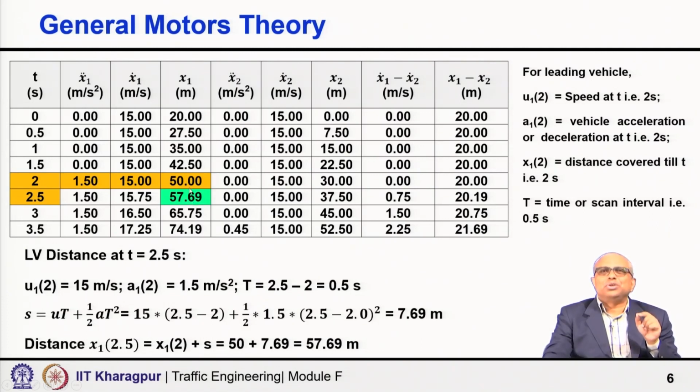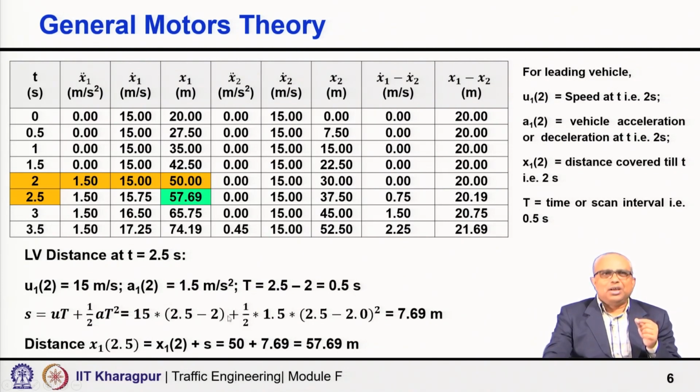So, what is the u? U will be taken as the speed at time t equal to 2, that is 15 meter per second. A is again at time t equal to 2, the acceleration, 1.5 meter per second square. And the t value is the difference between 2.5 and 2, the scan interval.